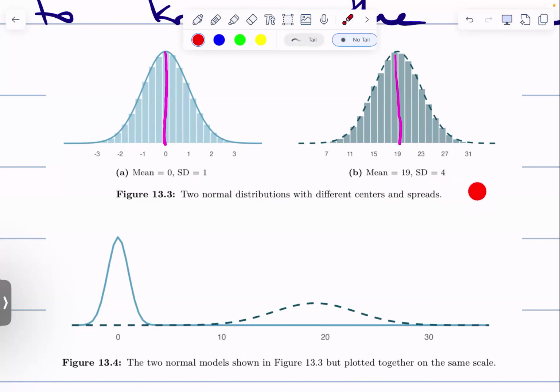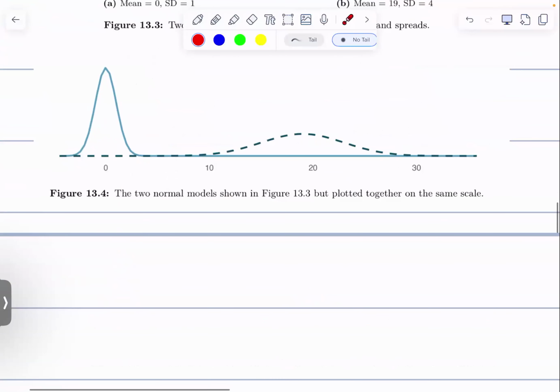These look the same, right? If I look at these and compare, these look the same, right? But when we put them on the same scale, they look like this. Okay. So here's the first one, centered on 0 with a standard deviation of 1. And here's the second one centered on 19 with a standard deviation of 4, right?